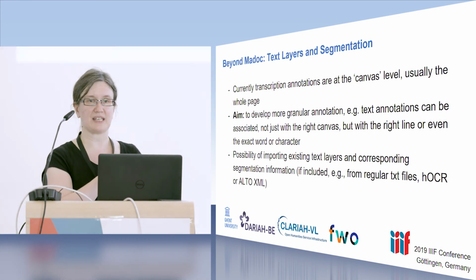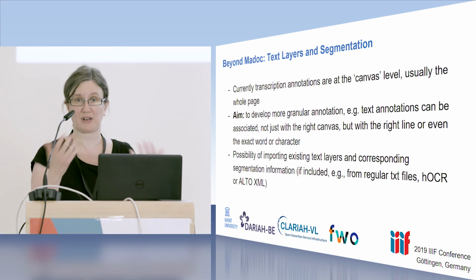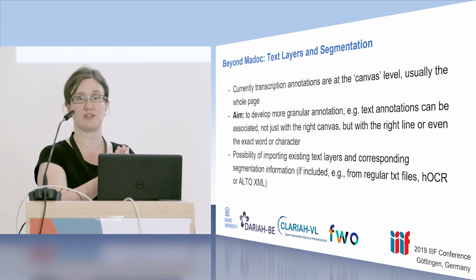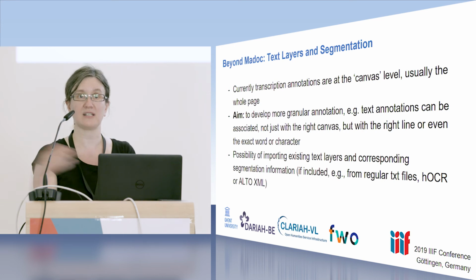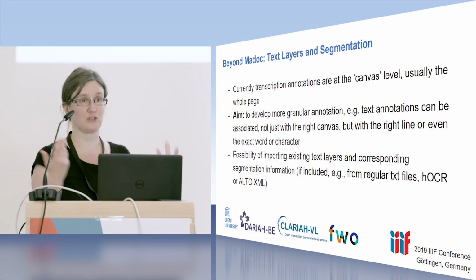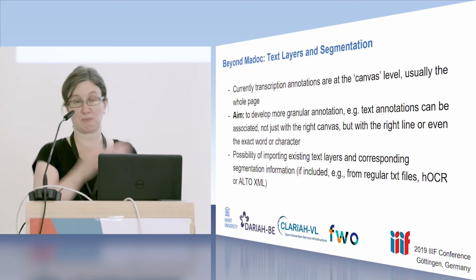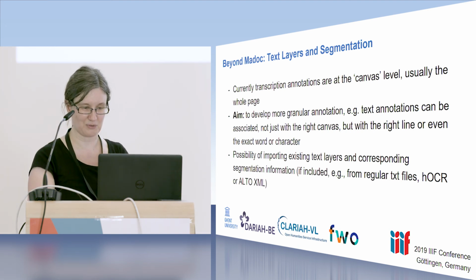There is also the idea of importing existing text layers. For example, if a page of historical newspapers has already been OCR'd, that text layer could be imported in. Or if you're doing a crowdsourcing project, it could be brought in from that kind of source.